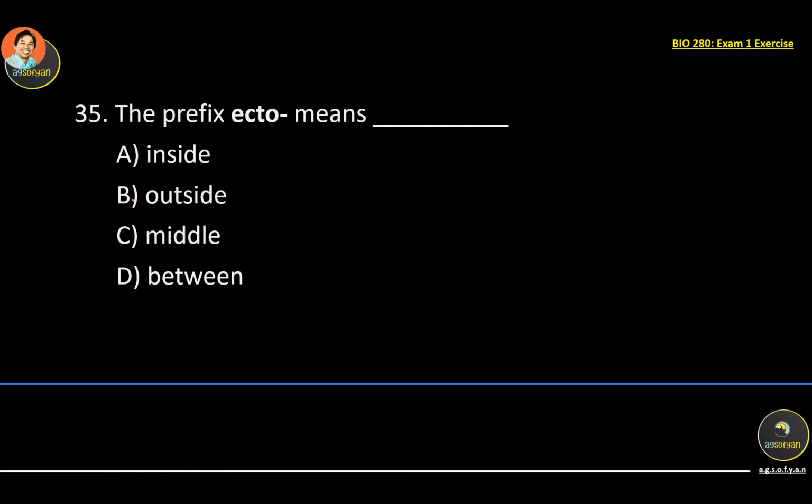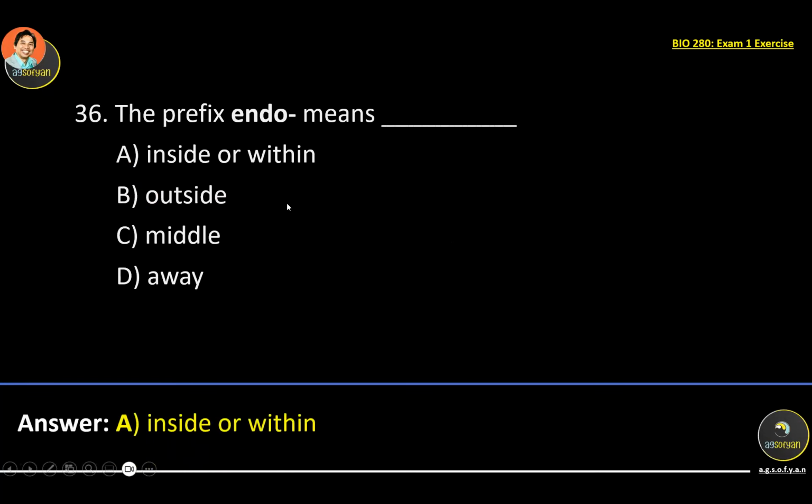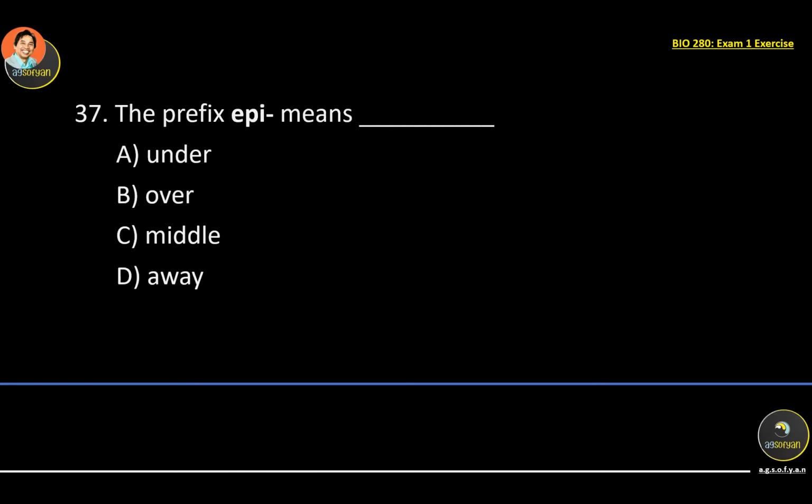Endo means inside or within. So that's endo, which is the opposite of ecto.